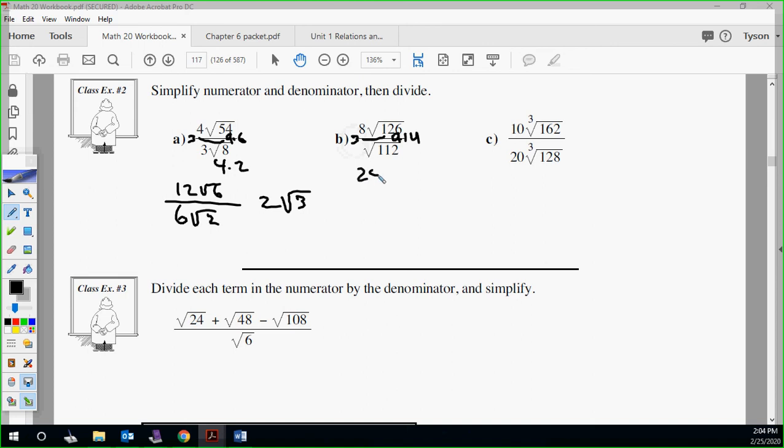So we're looking at 24 root 14 for that top one. 112 is 16 and 7. The 16 comes out as a 4. And so we are at 4 root 7. And so you can see that kind of smoothed out as well. 24 divided by 4 is 6. 14 divided by radical 7 is radical 2. 6 root 2 is where we end with that one.